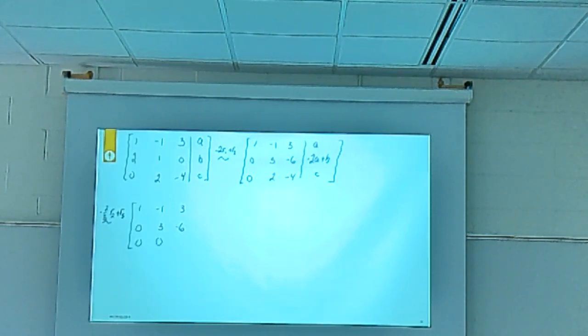Negative 2/3 times -6 is 4. Four thirds A minus 2/3 B plus C there. And I don't like that fraction, so just go ahead and multiply row 3 by 3.